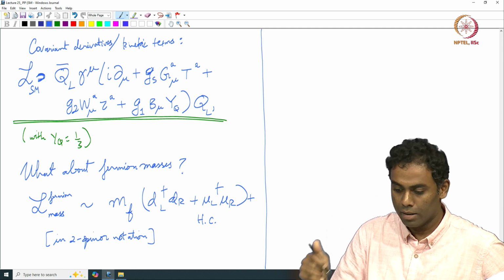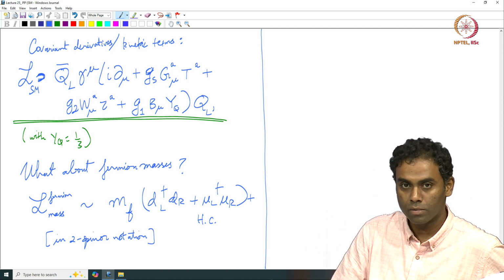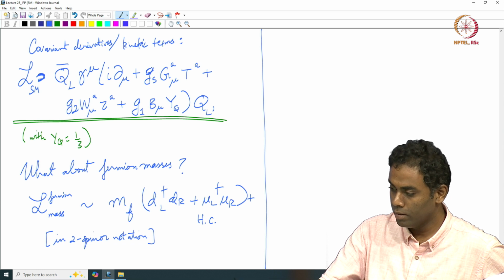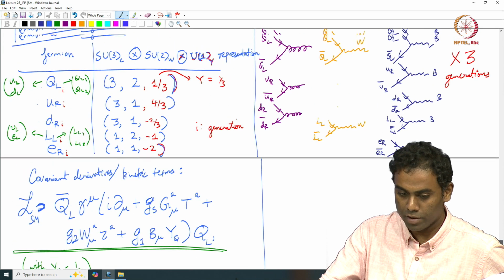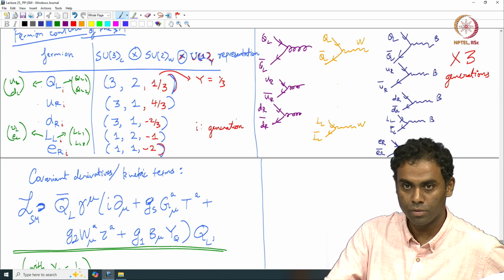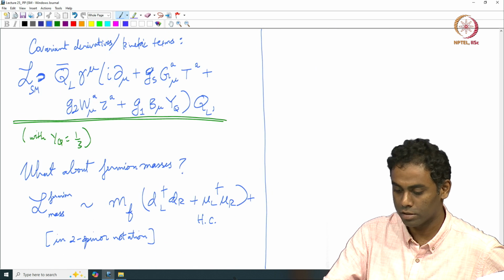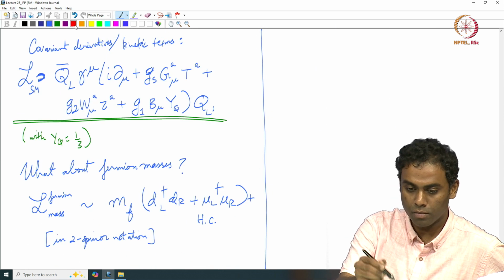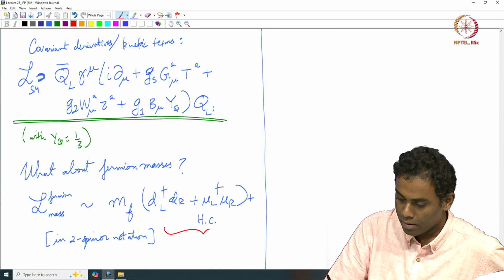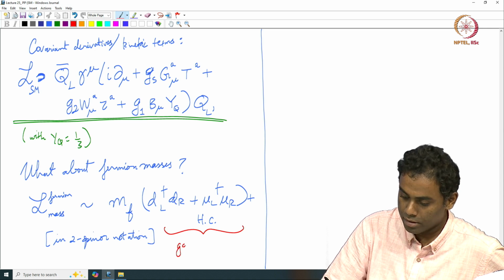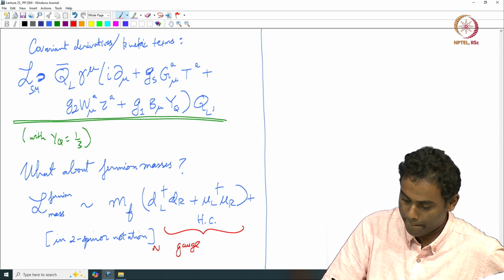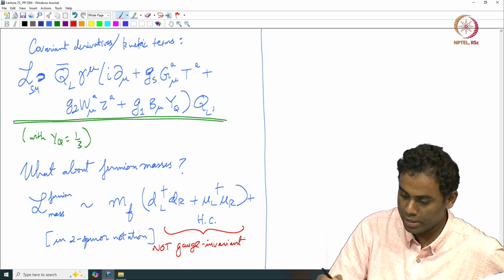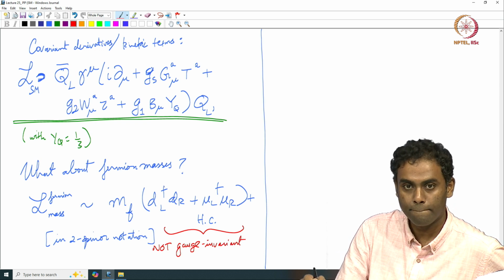Right? But I am not allowed to do this now, right? Why? Because my left handed fields are charged under SU2, right? The right handed fields are not. So what has happened is this is not gauge invariant, right? The SU2 index will be hanging around here, right?